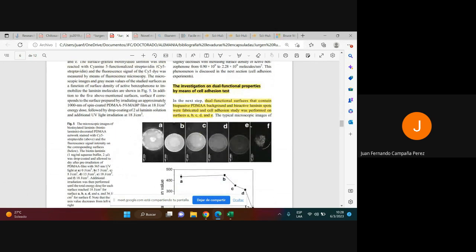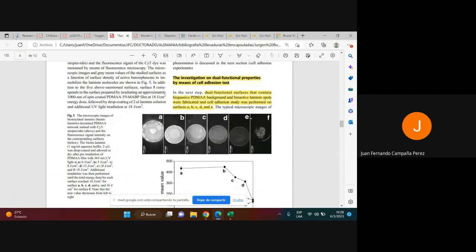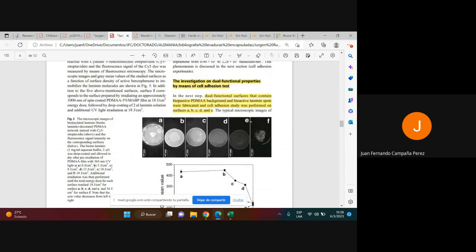We can see in these images the results of these additions using the different doses of UV light.